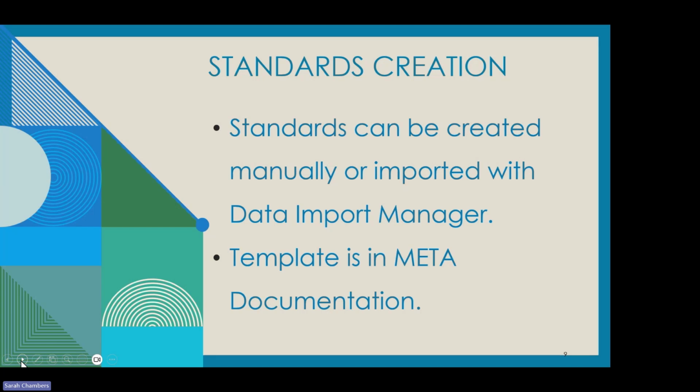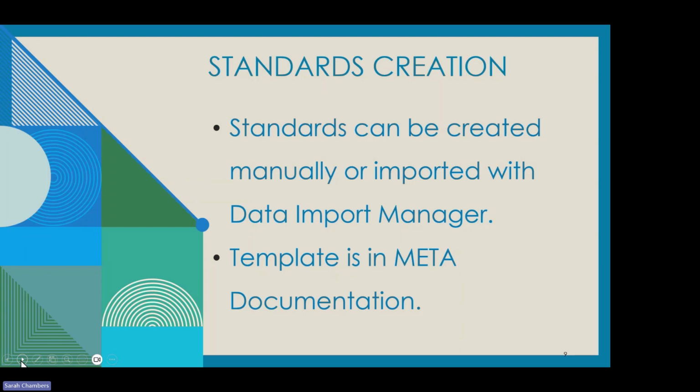Something important when you use that template though, standards are year specific. So all the standards you see right now in your standards list are year 34, because that's the year we're in PowerSchool. Next year's standards will be 35.